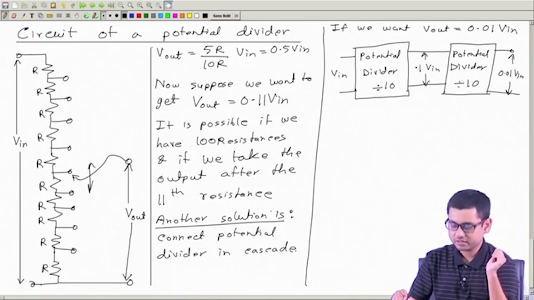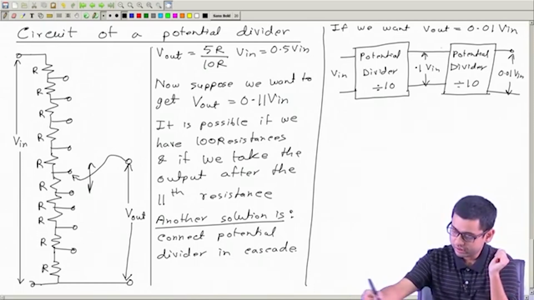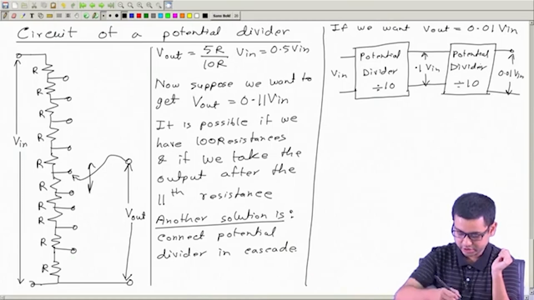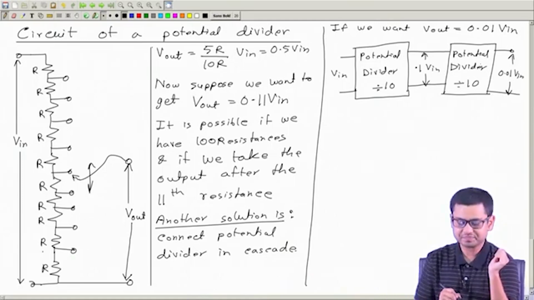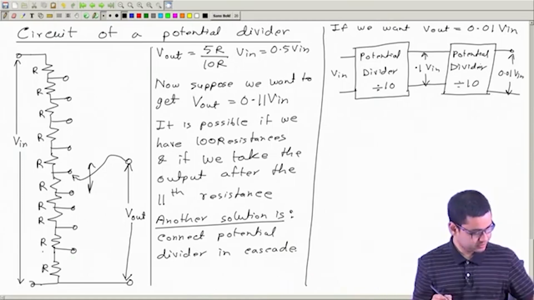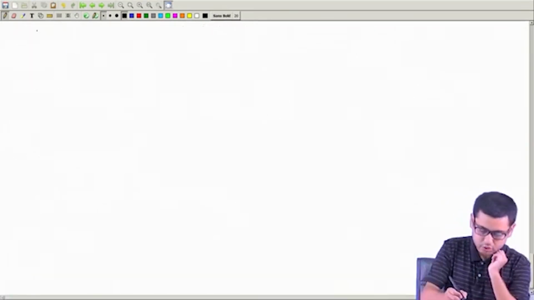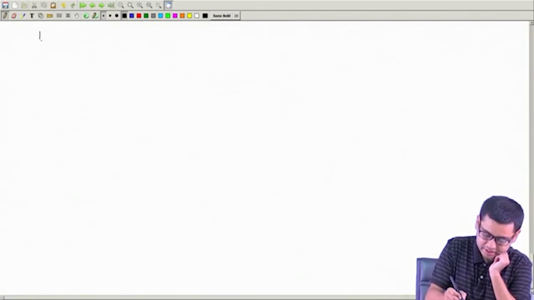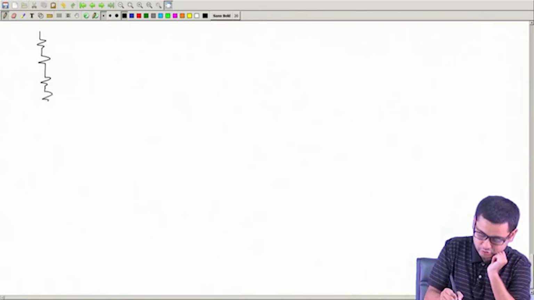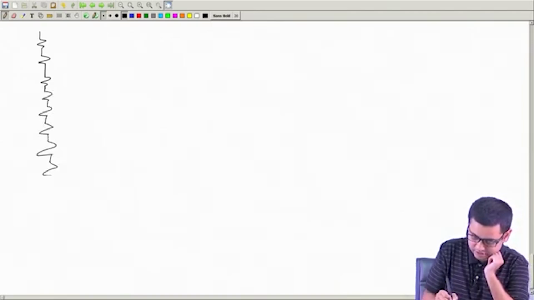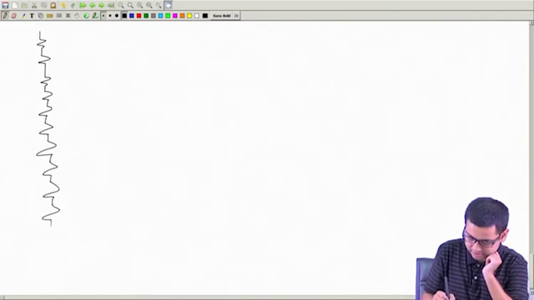Now, how to make this cascade using this potential divider? Let us try that. Let me draw two potential dividers with 10 resistances each, 1, 2, 3, 4, 5, 6, 7, 8, 9, 10.